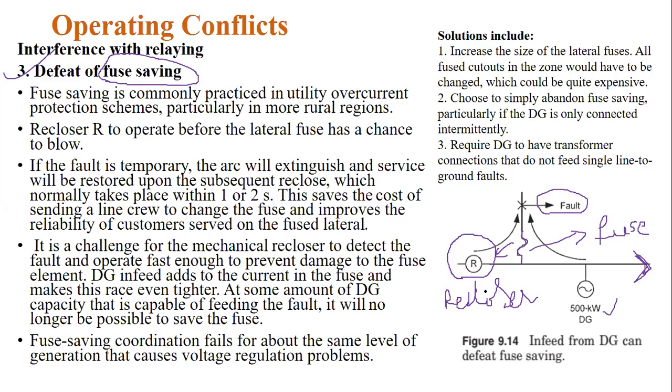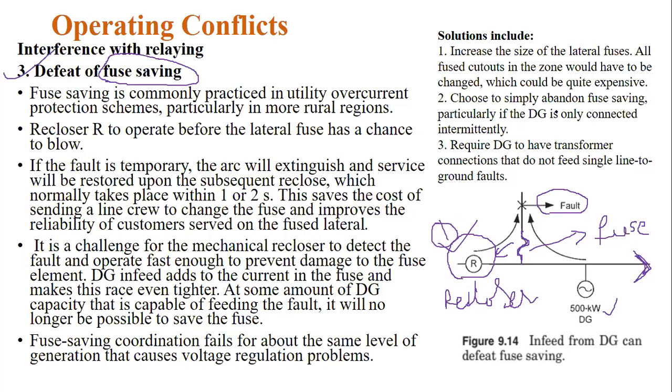Once that is opened, there is a chance that we save the fuse from melting. This is one of the ways to save the fuse, nothing but opening the recloser before melting of the fuse. That is one point on saving the fuse.